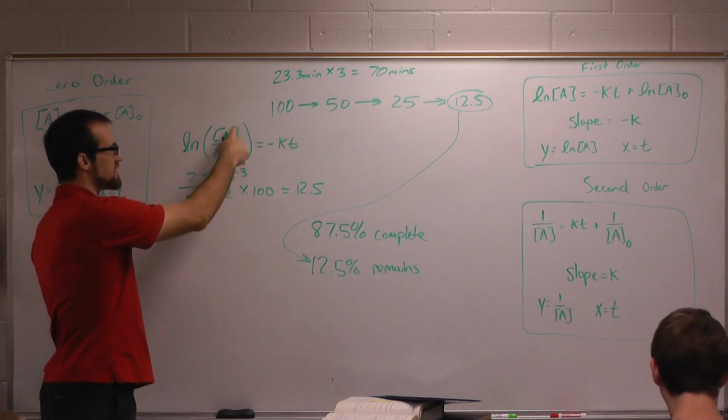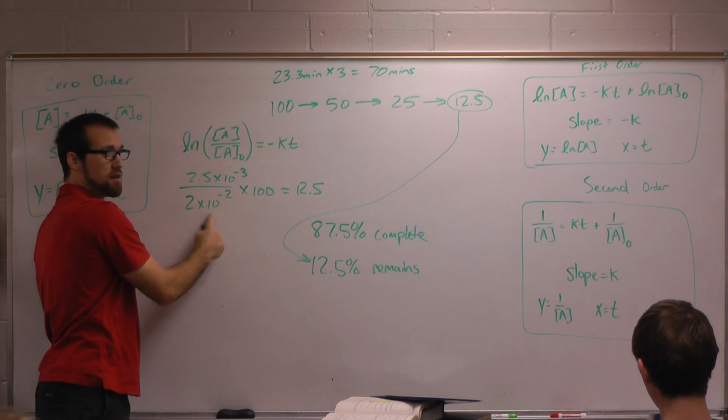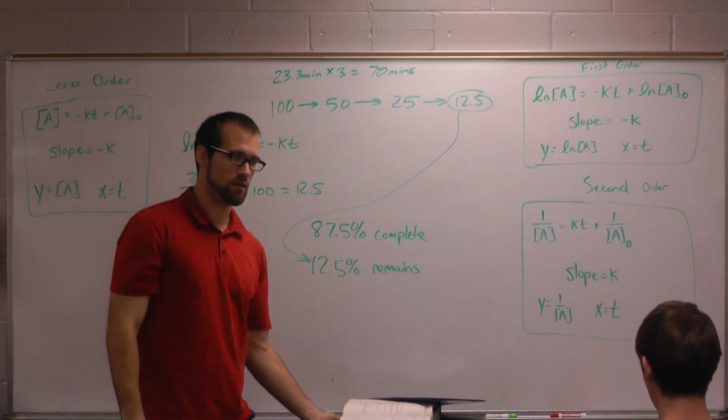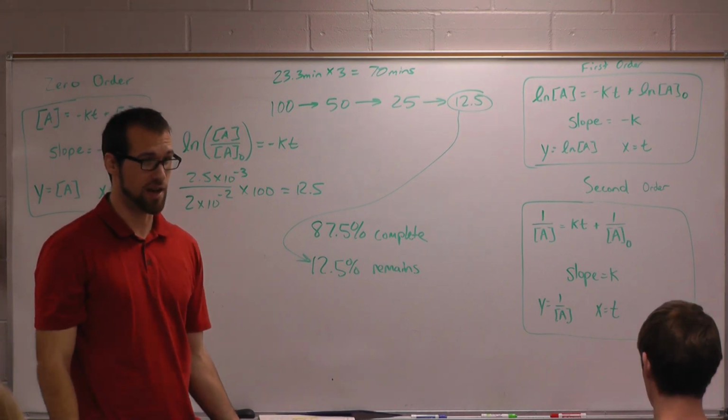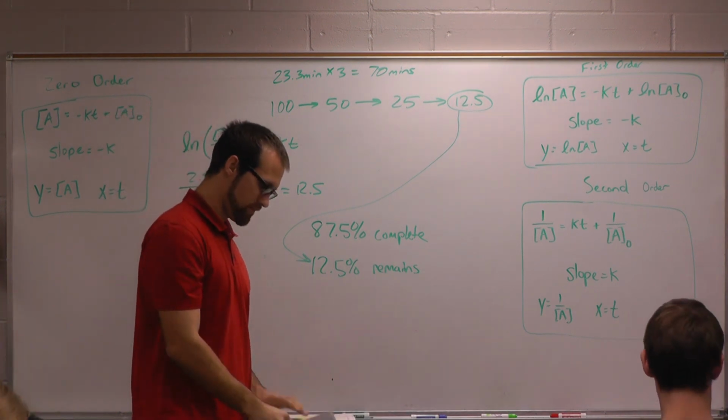So that's essentially this. Concentration you want, initial concentration. And that's how you're essentially using your half-life to be able to find what your time is. Okay?